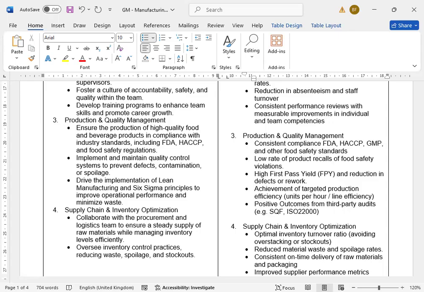You have to see whether they are consistent in supplying good quality products or there are always delays in the delivery of products.